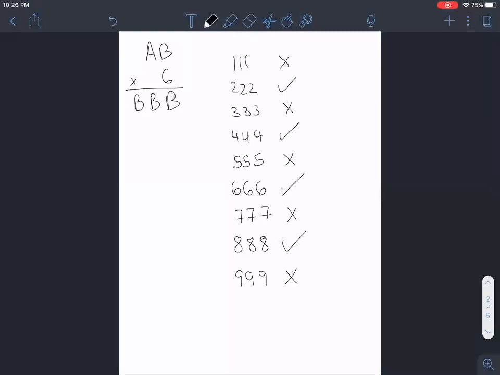If that doesn't make sense, let me just show you. We're going to divide 222 by 6, and I'm just going to show you the answer, but remember, practicing long division is also very important. 222 divided by 6 is 37. 7 is not the same thing as 2, so we can rule out 222.